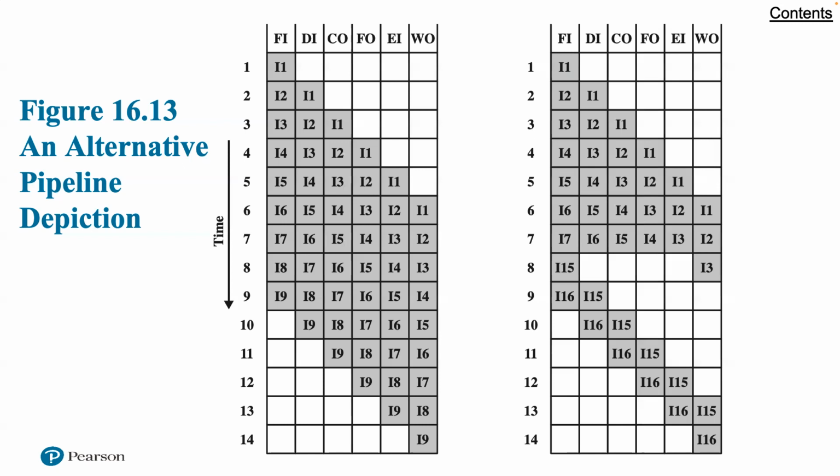In figure 16.13b, which corresponds to figure 16.11, the pipeline is full at times 6 and 7. At time 7, instruction 3 is in the execute stage and executes a branch to instruction 15. At this point, instructions 4 through 7 are flushed from the pipeline, so that at time 8, only 2 instructions are in the pipeline, 3 and 15.